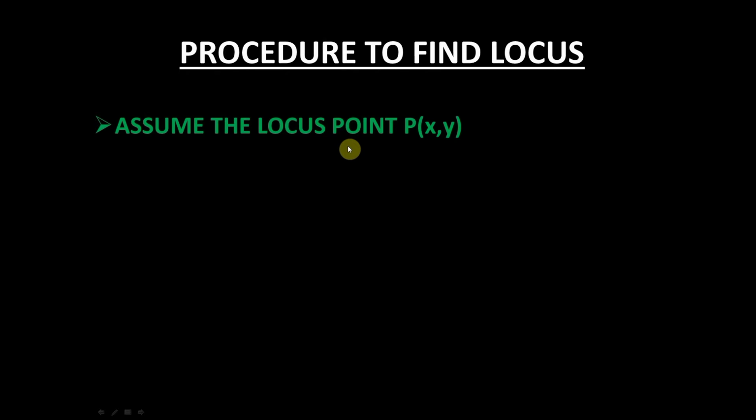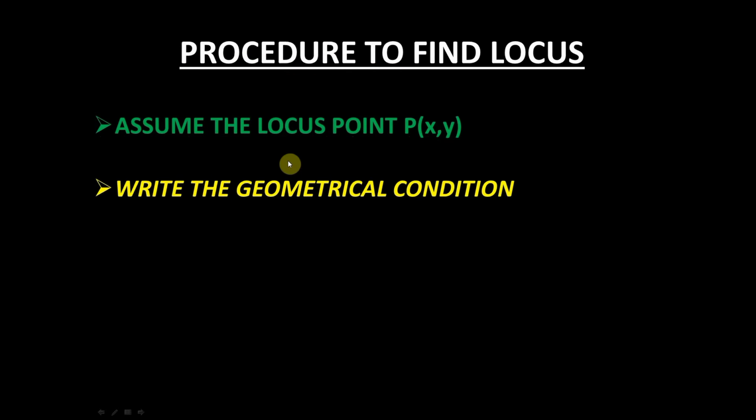Now what is the procedure to find the locus? First step is, assume the locus of a point P always as (x, y) in this chapter. Second step is, write down the geometrical condition by reading the problem. First read the problem carefully. By understanding the problem, write down the geometrical condition.